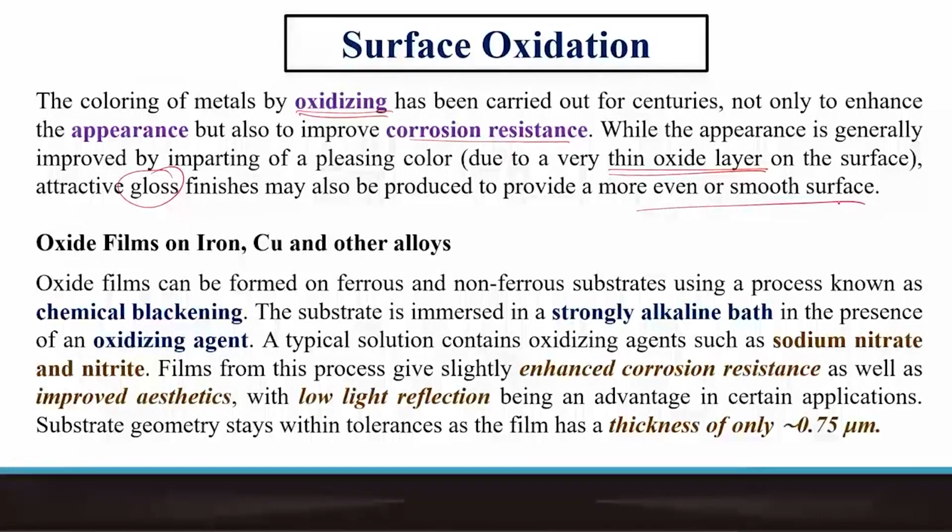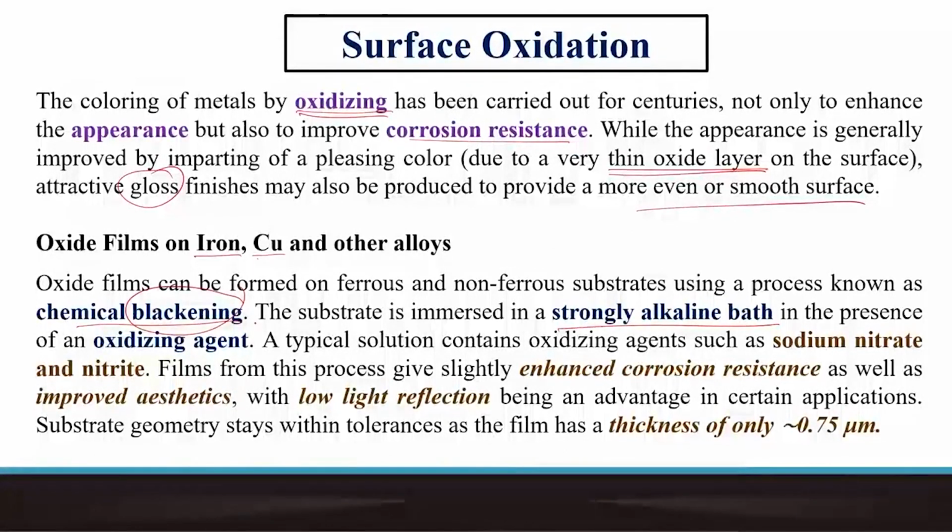So when we talk of components made out of iron or copper or brass or any such common metals, and when we subject to such controlled oxidation, either through an alkaline bath or some other chemical bath by way of dipping at room temperature or reasonably high temperature, we see a chemical blackening.